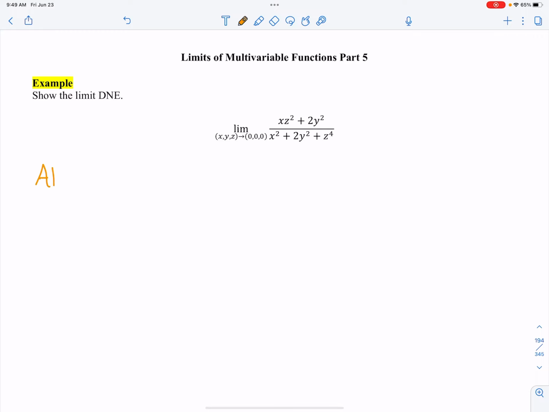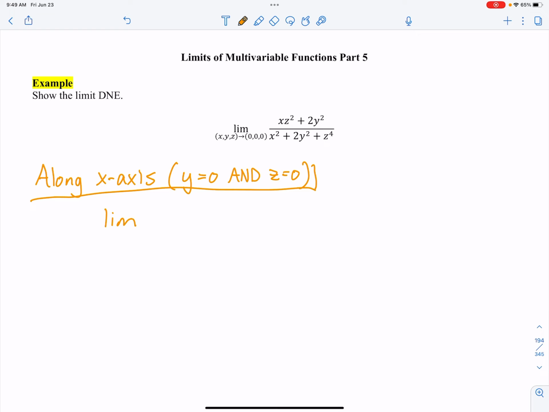So along the x-axis, remember that is y equals 0 and z equals 0. All right, so that's going to be our first path. So the limit as, we just keep our x going to 0, and then we can go ahead and let the y's and z's go to 0.